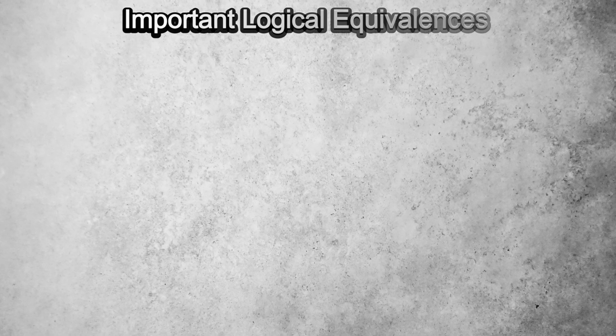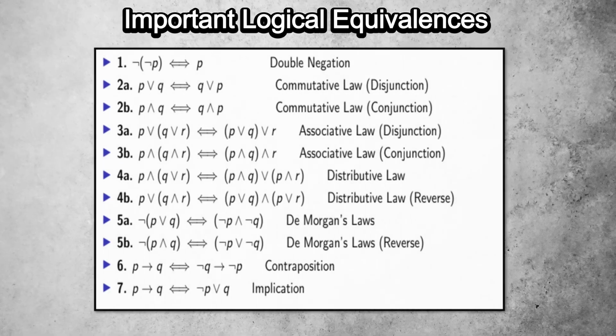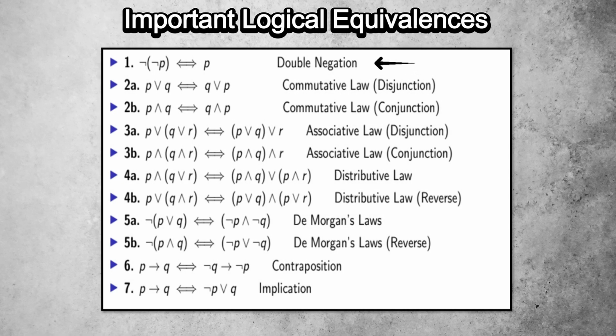Now it is time to introduce a list of the most important logical equivalences used in propositional logic. Let us consider the following list of important logical equivalences. The first one is double negation, and it states that P is logically equivalent to not not P. 2A and 2B state that disjunction and conjunction are commutative.